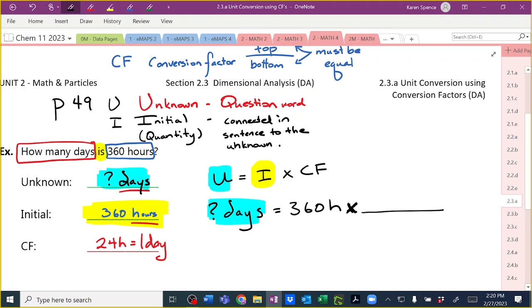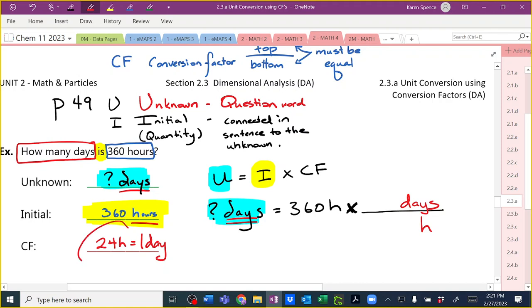So if I want to find the number of days, and I don't want to have hours anymore, I need to cancel out hours. Where do hours need to go in order to cancel out? They need to go on the bottom. So hours go down at the bottom. And that means that days, which is what we want to find, needs to go on the top.